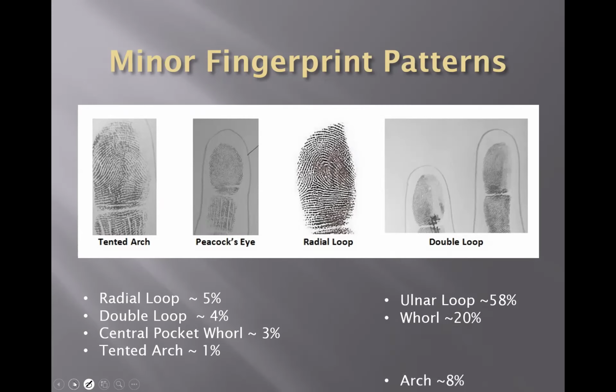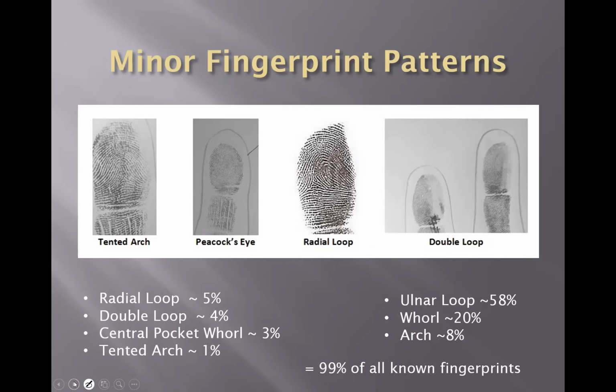In this example, this is a sample from a UK population. About 60% of fingerprints in the UK are loops, about 20% are whirls, and about 8% are arches. When you add all of those together, it tells us these seven fingerprint patterns make up 99% of all known fingerprints. So it becomes clear that this is a very comprehensive classification system.